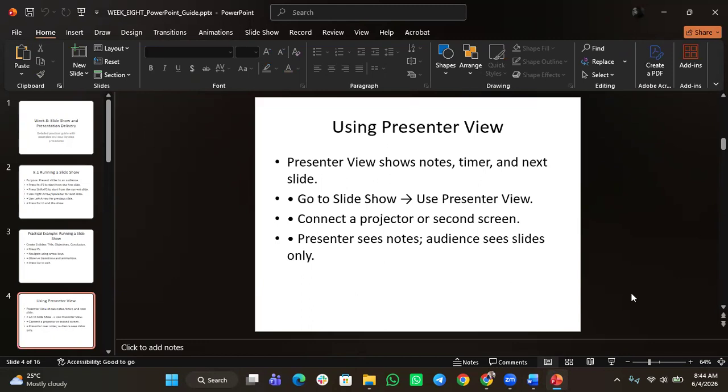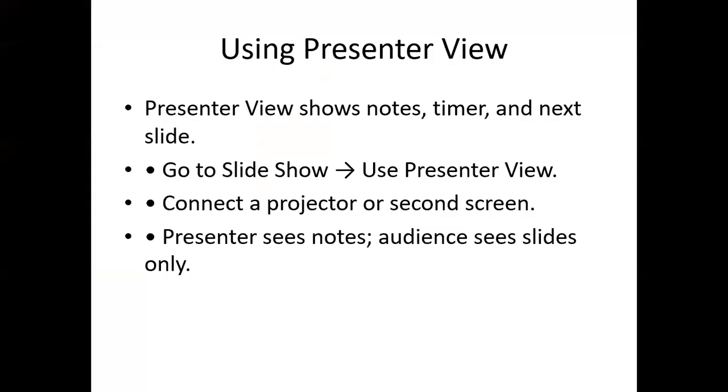Then again, you can come to the lower part of your slide, where you will see different options: notes, comments, normal, slide sorter, reading view, then slideshow. If I click on that slideshow now, it will come up.